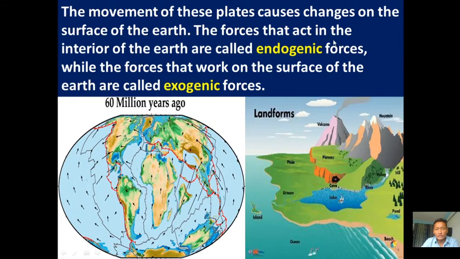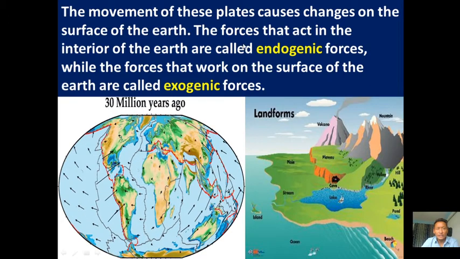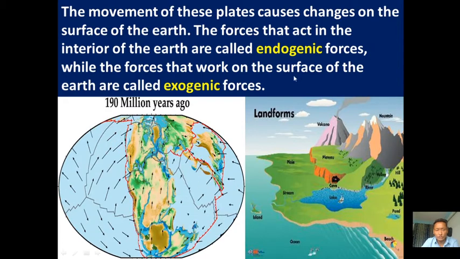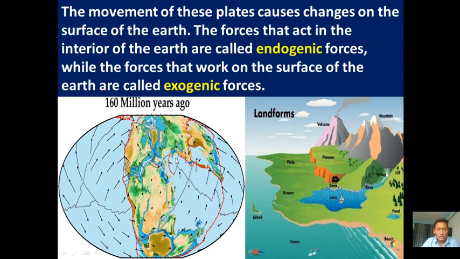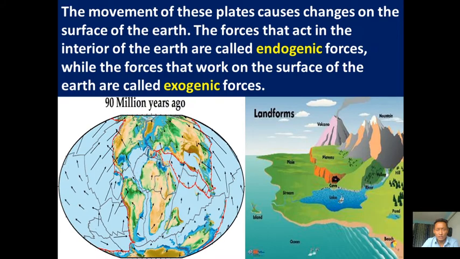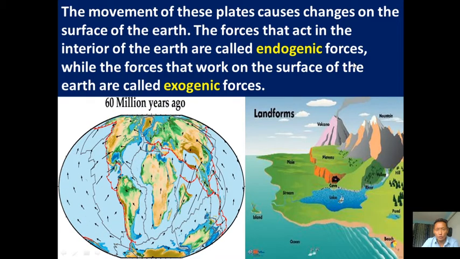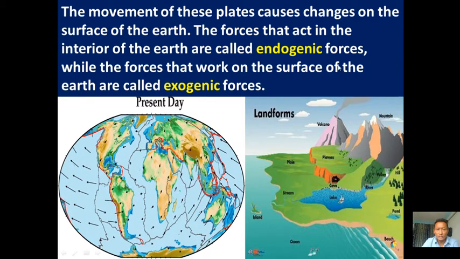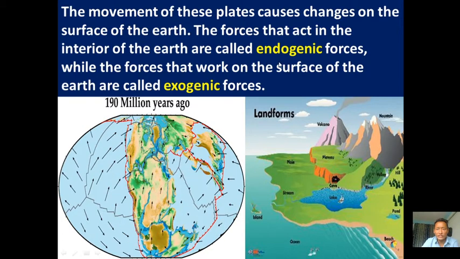The forces that act in the interior of our earth are called endogenic forces. Those forces which originate inside our earth are called endogenic forces, such as volcanoes and earthquakes. These are two examples of endogenic forces.